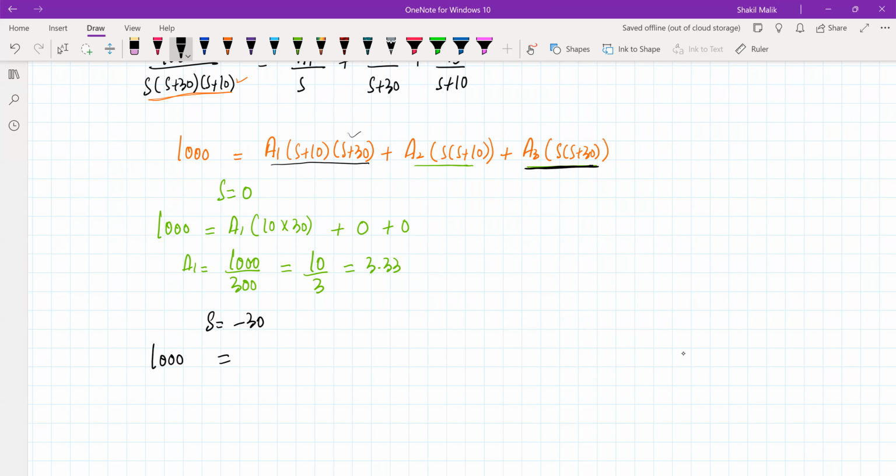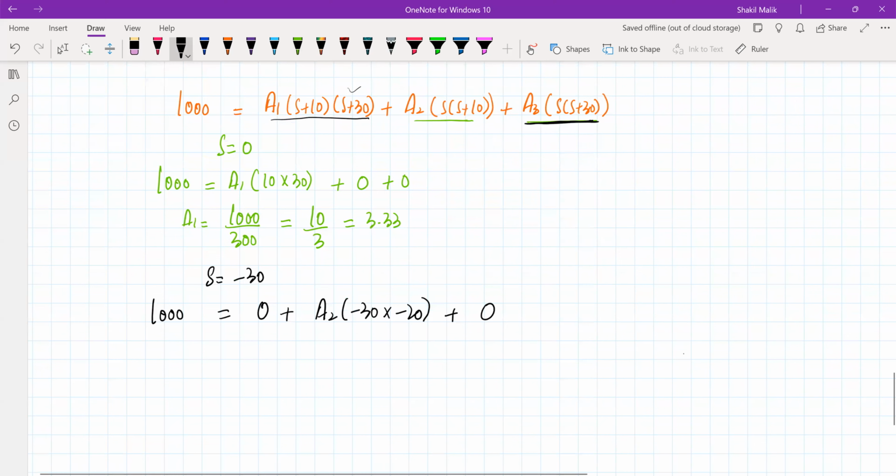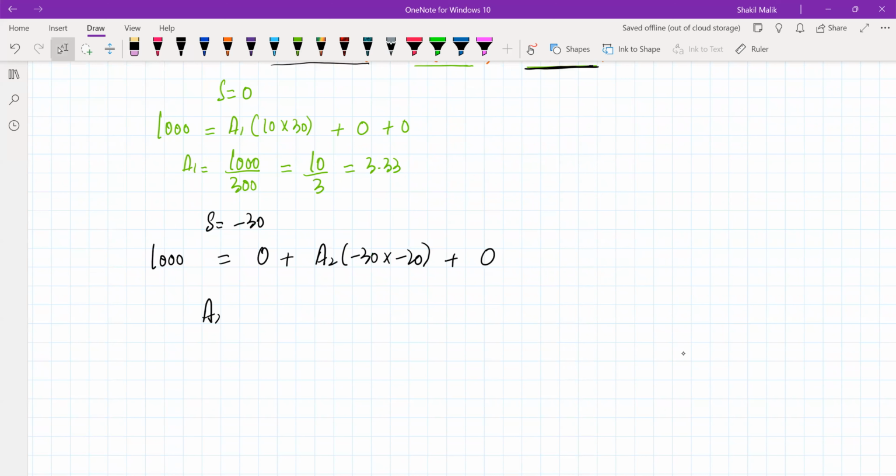The first term will be 0, plus A2 times minus 30, then minus 30 plus 10 is minus 20, plus 0. So from this, A2 will be equal to 1000 divided by 600, which is 10 divided by 6, which is 1.67. Please check the values.